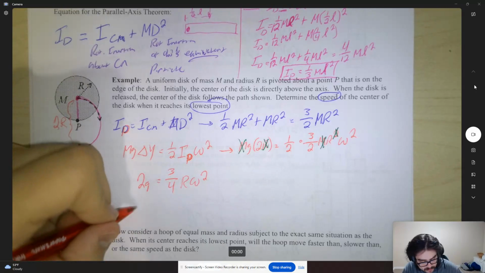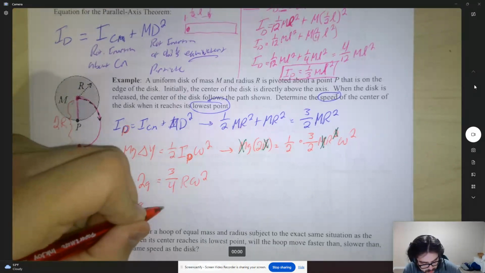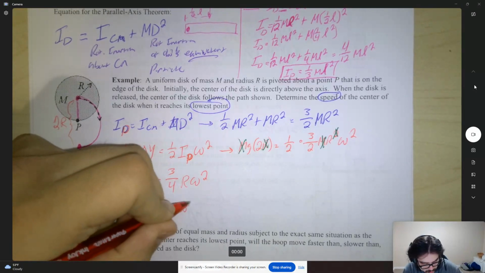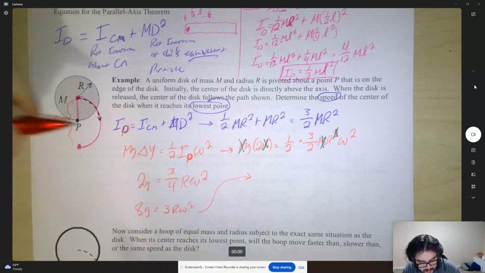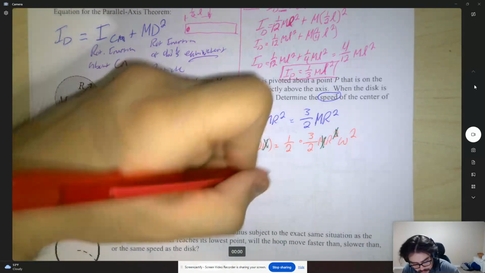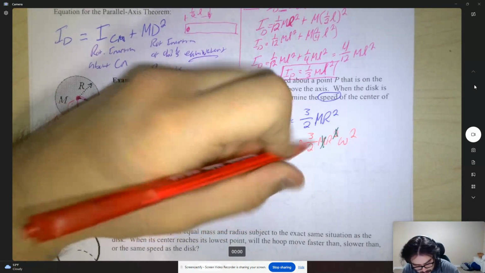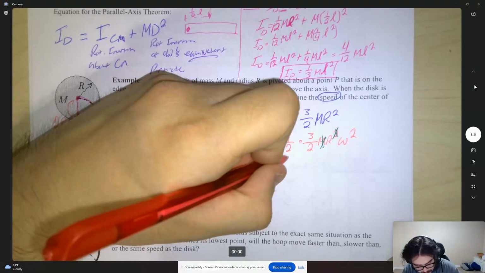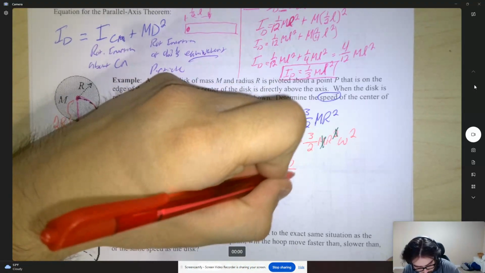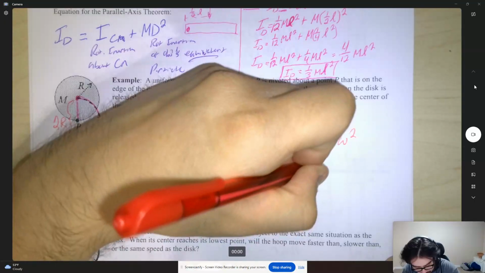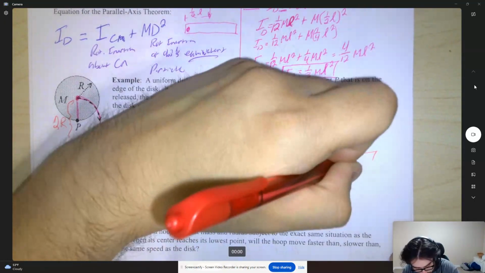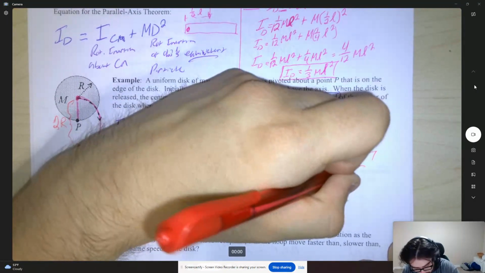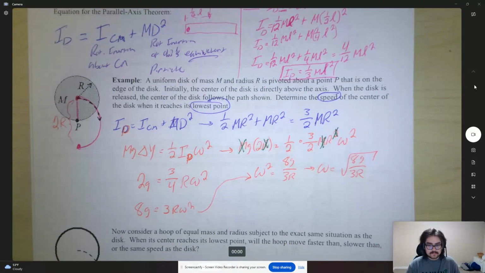Multiply both sides by 4 to get 8g equals 3r omega squared, and then we need to figure out what omega is. So omega squared is equal to 8g over 3r, and then take the root of that to get your solution.